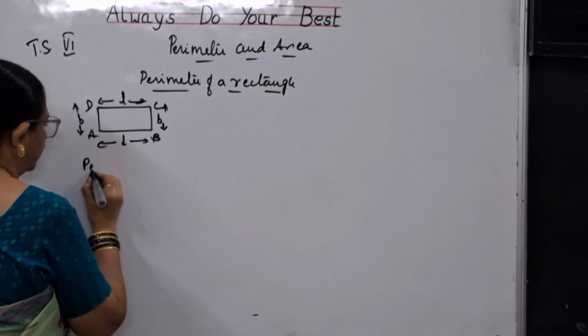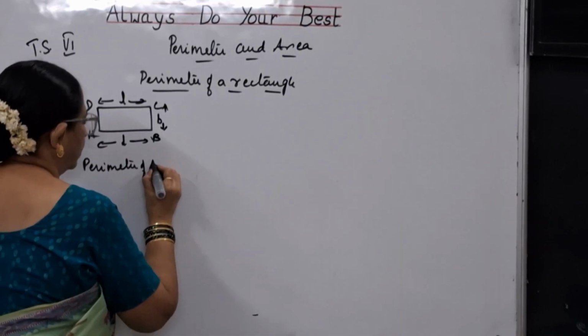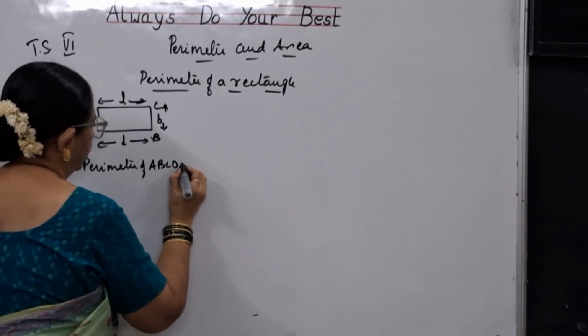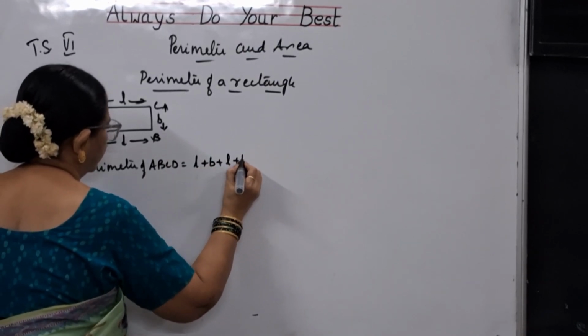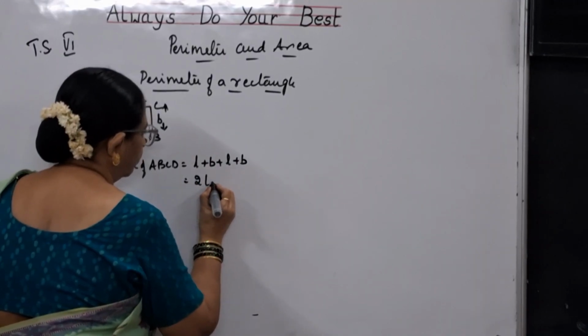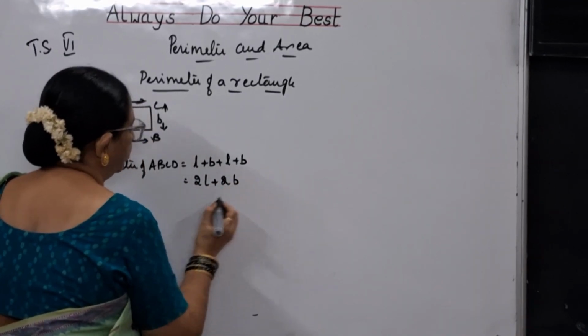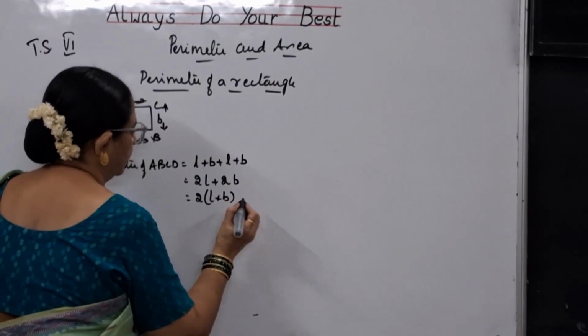So the perimeter of ABCD is nothing but L plus B plus L plus B. That means 2 times L plus 2 times B. That means 2 into (L plus B).